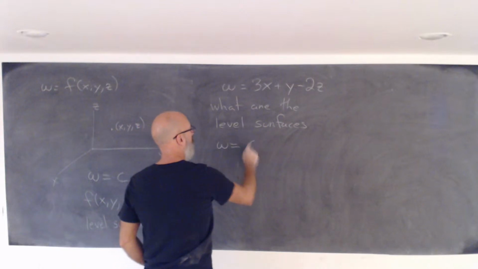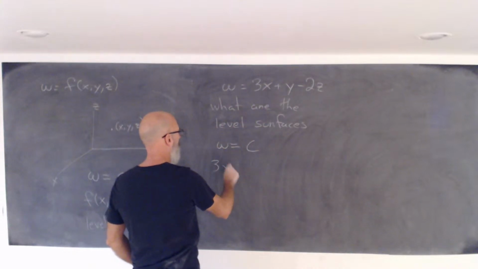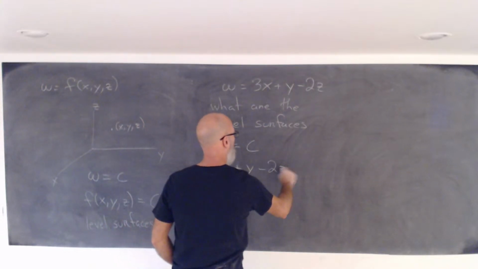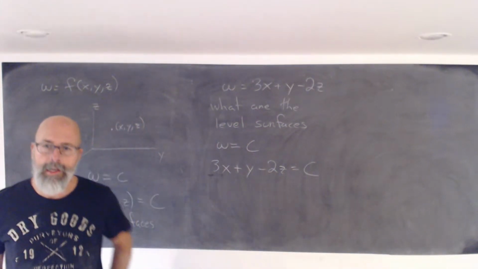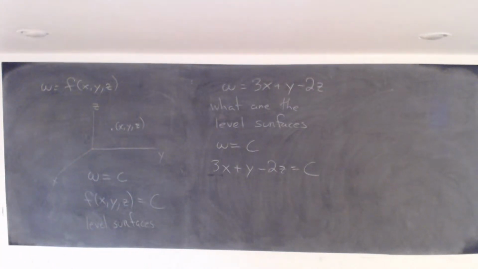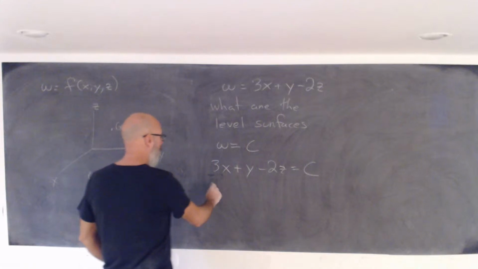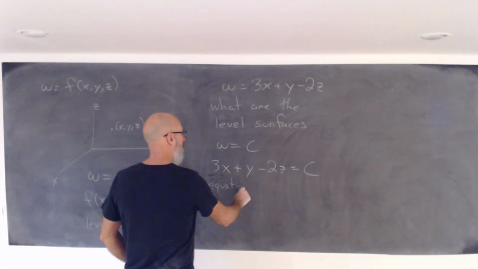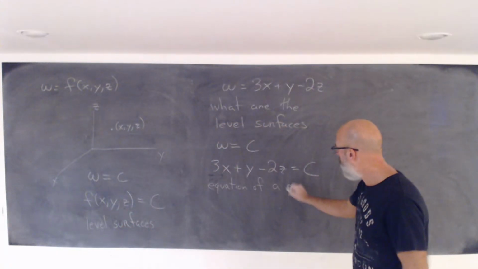And if you let w be c, what do we get? We get 3x plus y minus 2z equal to c. And you recognize this as the equation of a plane.